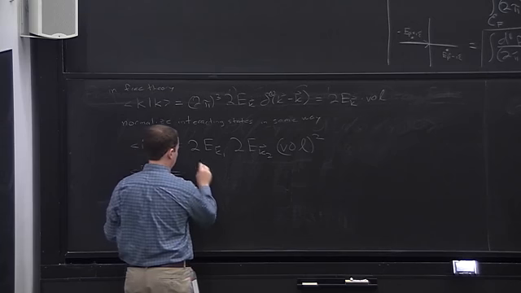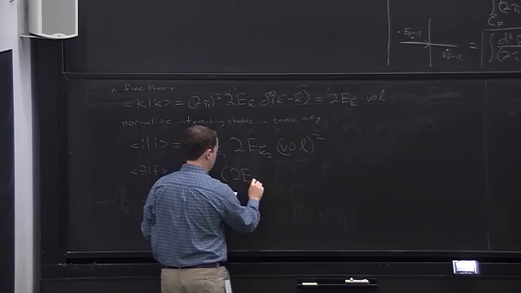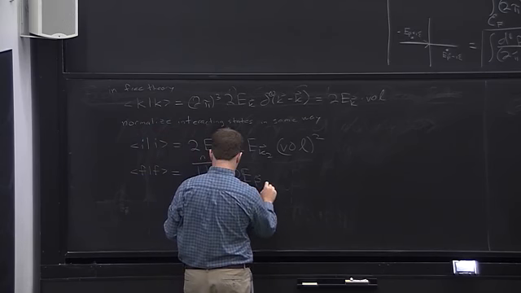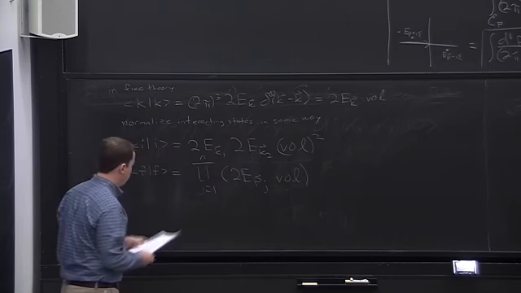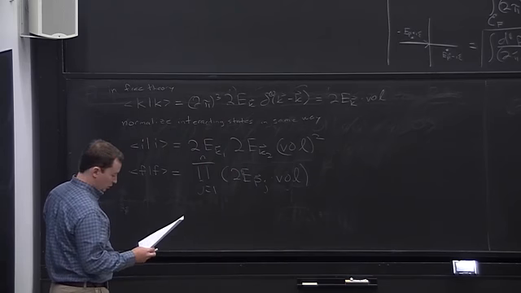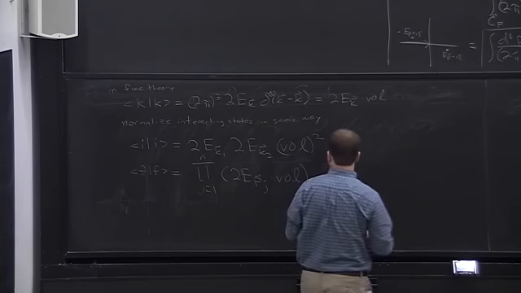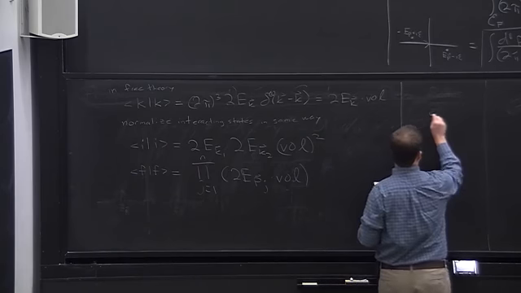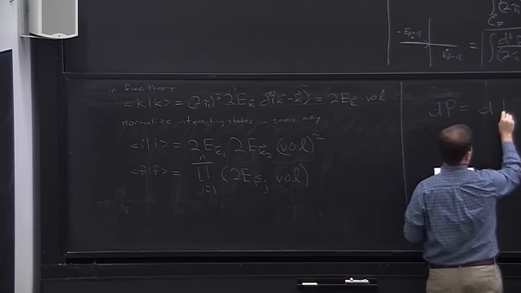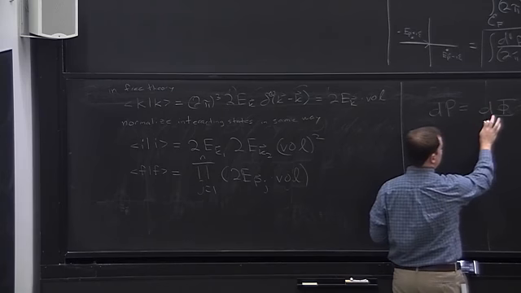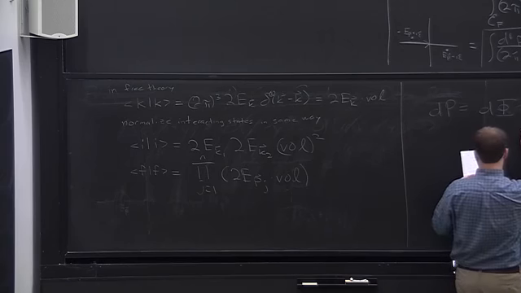So we've got the product, j equals 1 to n, of 2E_j times the volume. So we've got n factors there. So we can combine our results so far. And what we get is that dP is equal to, I'm going to pull the momentum integrals into this thing I'll call dΦ, and I'll write a formula for that in a minute.